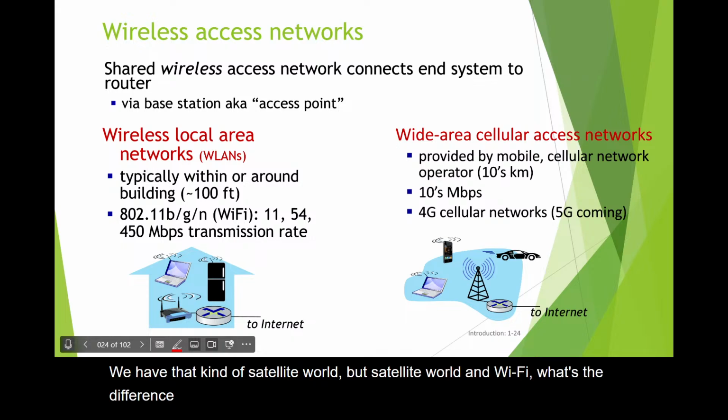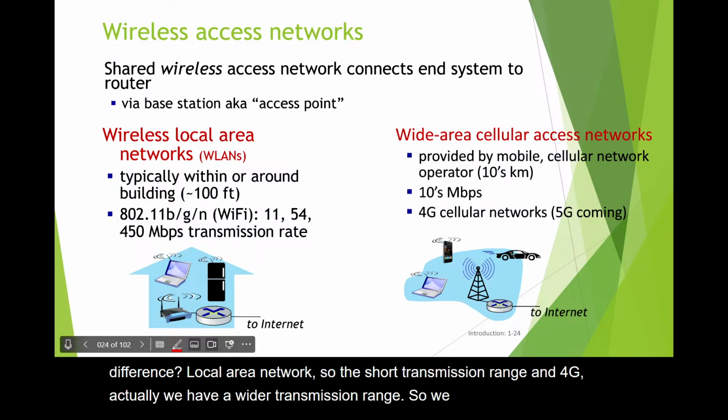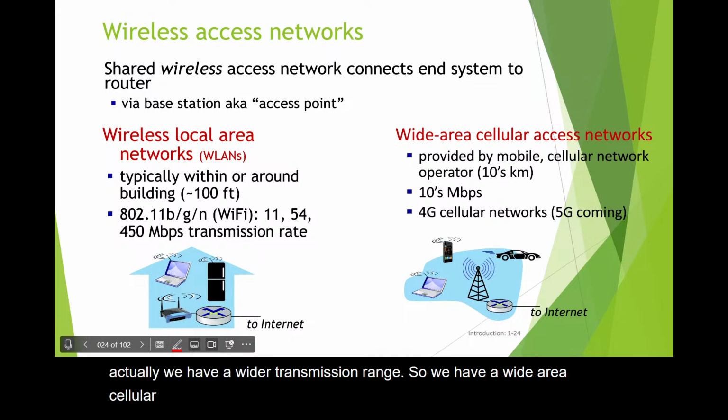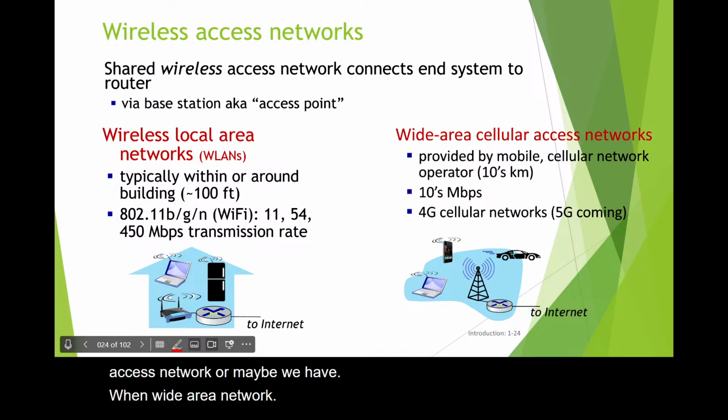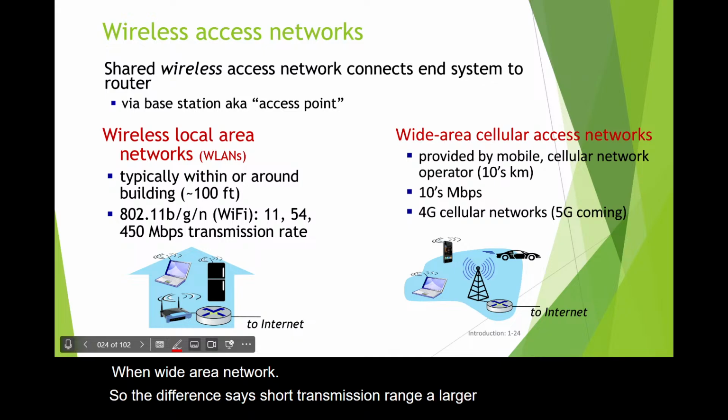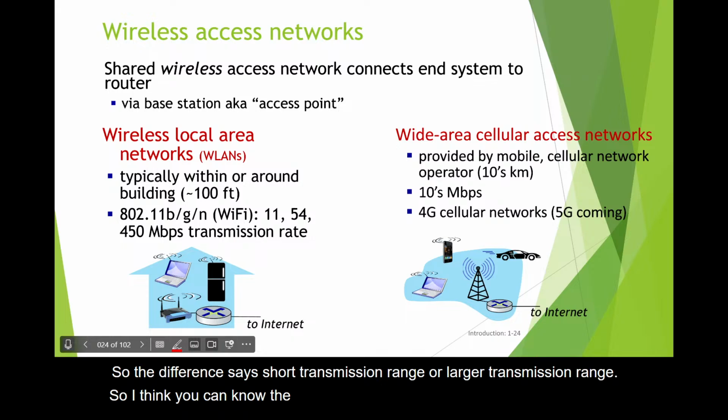Local area network has a short transmission range, and 4G has a wider transmission range. So we have a wide area cellular access network, or WAN, wide area network. So the difference is a short transmission range versus a larger transmission range. I think you can know the salient difference between Wi-Fi and 5G.